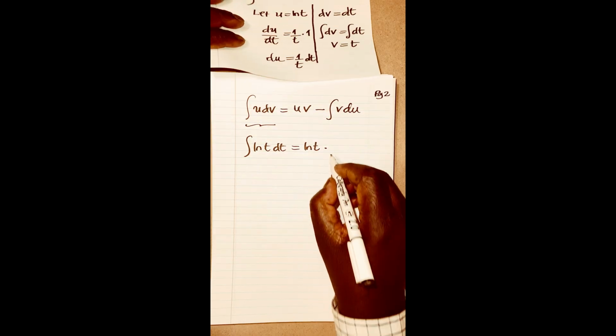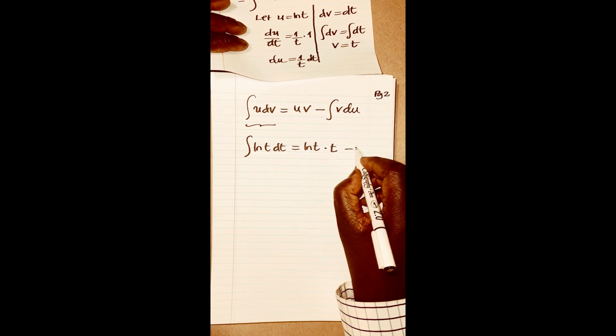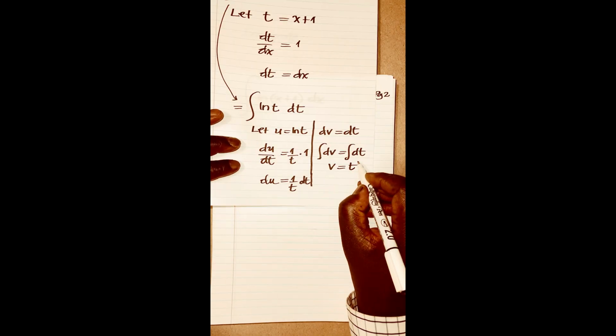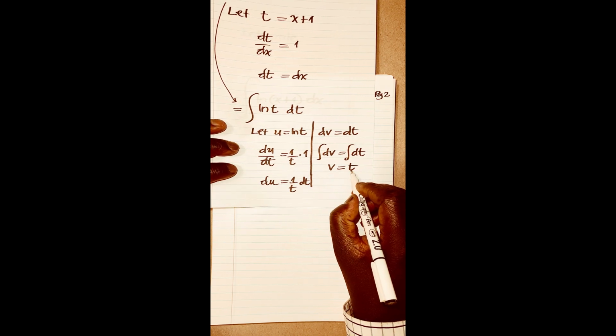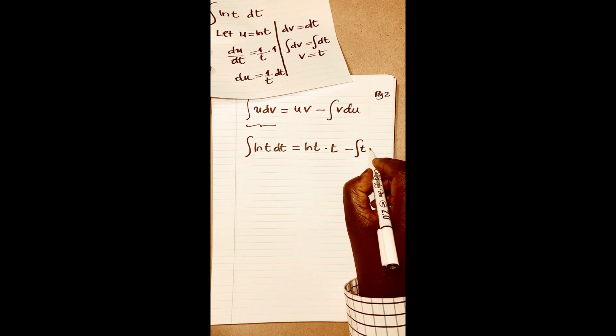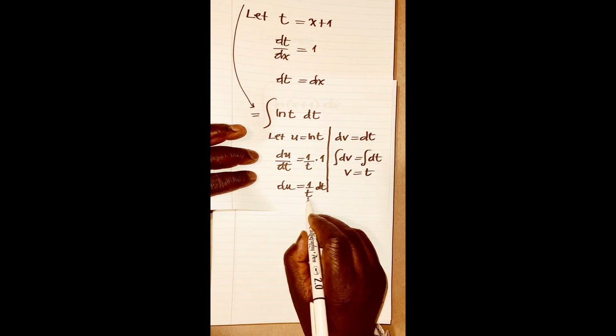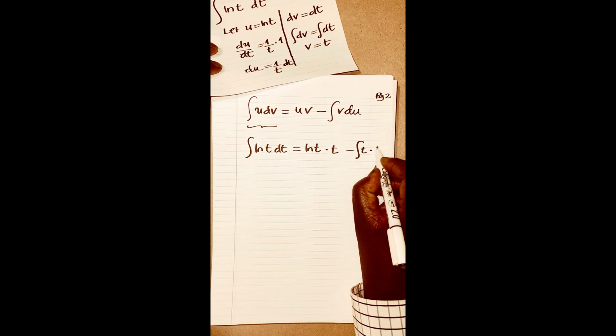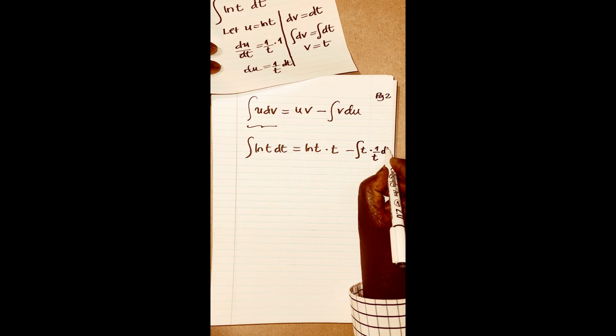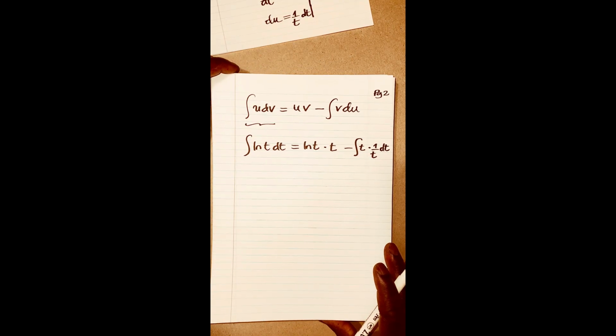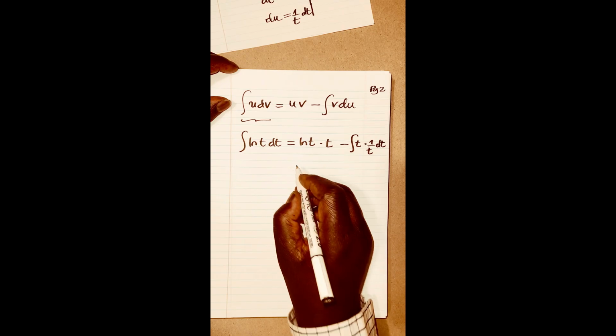Well, v equals t here. You can see it. And then minus the integral of v, which is just our t, times du, which is 1 over t dt. So 1 over t dt. Fantastic.